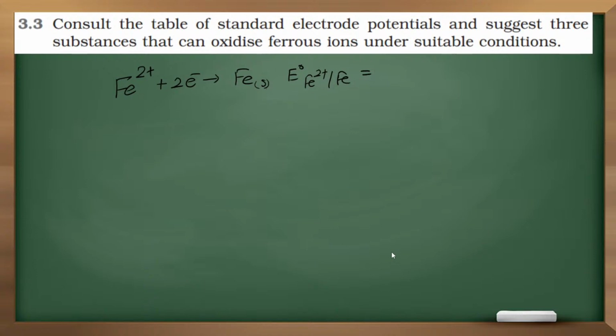That can oxidize means Fe2+ gives Fe3+ plus an electron. So we will suggest three substances that can oxidize ferrous ions by consulting the standard electrode potential table. I will show you the table.